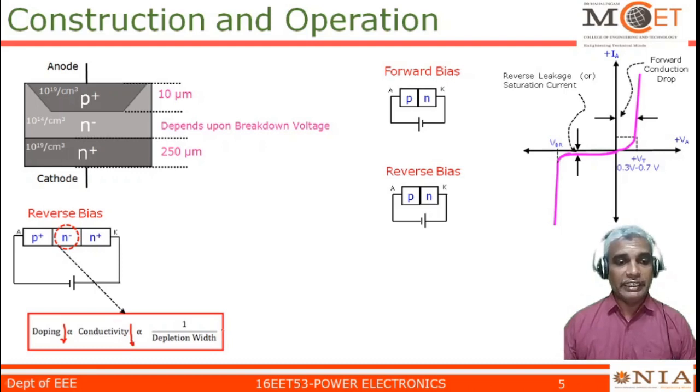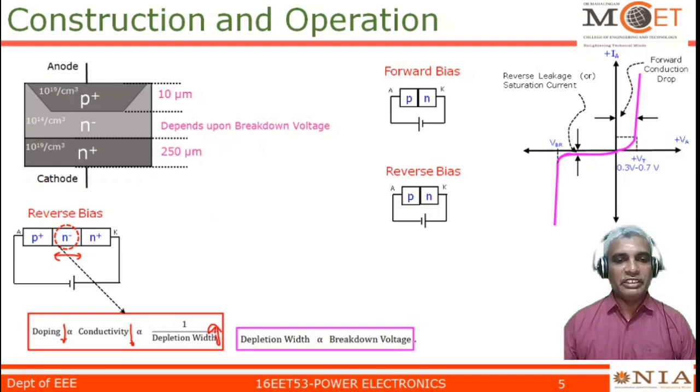So if the conductivity reduces, the depletion width will increase, which means that this width will get increased. And the depletion width is directly proportional to the breakdown voltage. So if this width increases, breakdown voltage also increases.